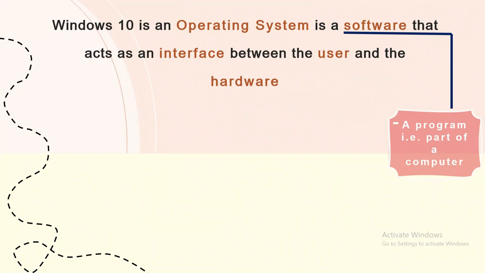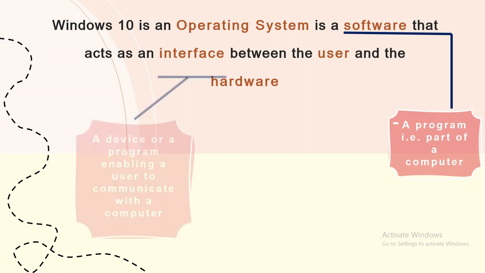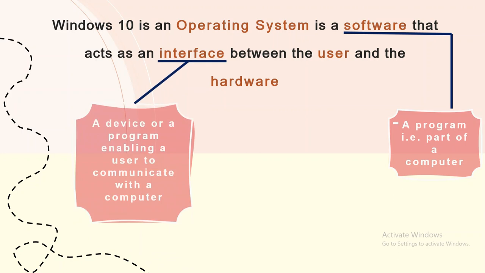And remember students, the operating system runs our computer. Second word is the interface. Now interface is a device or a program which enables the user to communicate with a computer. In our case, the operating system is an interface. Without the operating system, you cannot communicate with the computer.